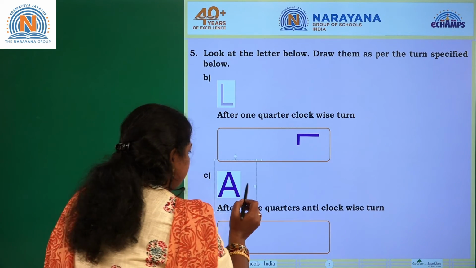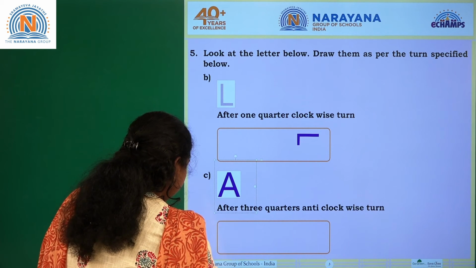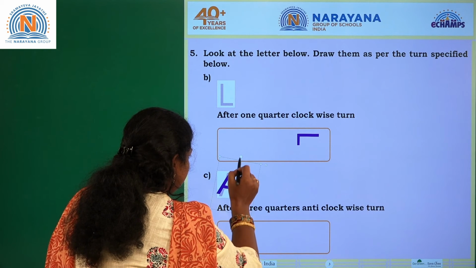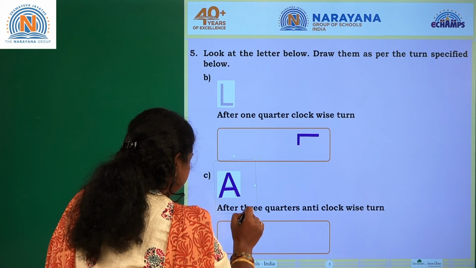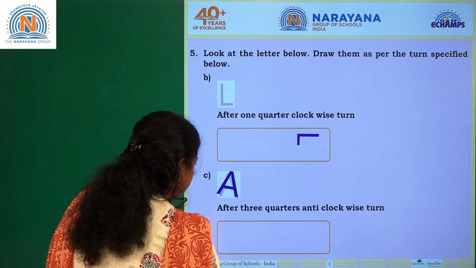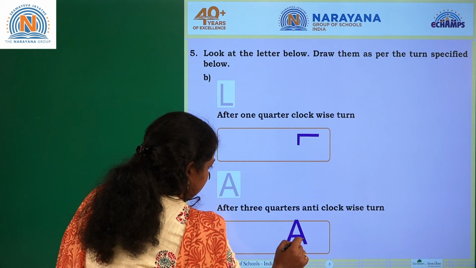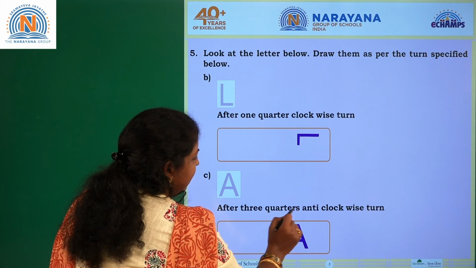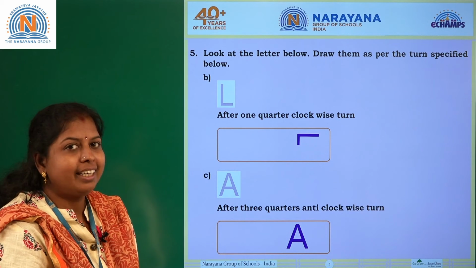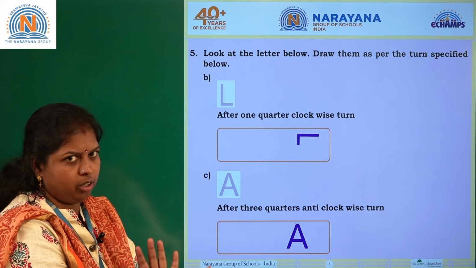And the next picture is A. Let us take the letter A. How can you move A? After 3 quarters anti-clockwise. Anti-clockwise means in the opposite direction, just like a clock.